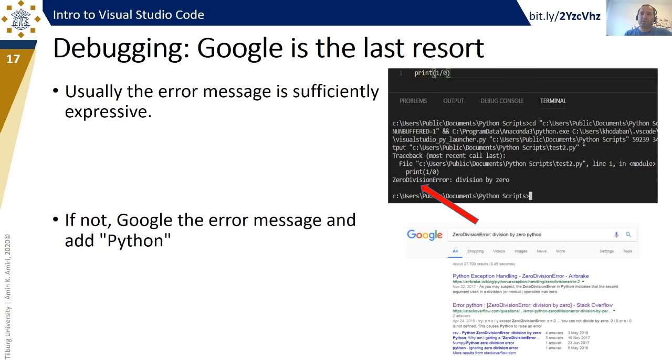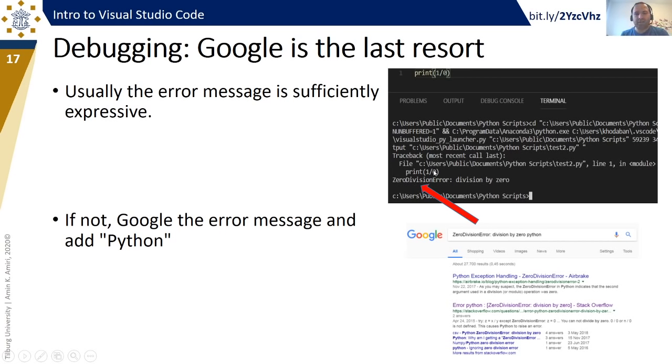So there are different ways that VS Code helps you to find a problem and resolve it. But sometimes the error messages are not sufficiently expressive. If that's the case, you need to use Google as a last resort. Not the TAs, not instructors, Google. So start with Google. Google the error message and add Python. So you see there's a division by zero.